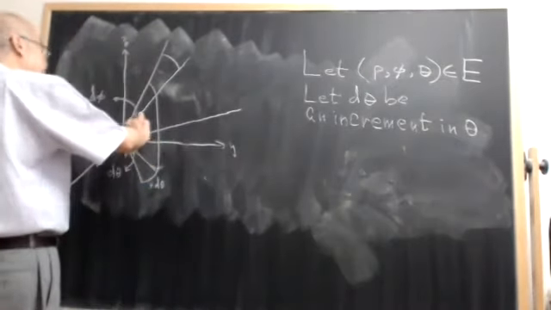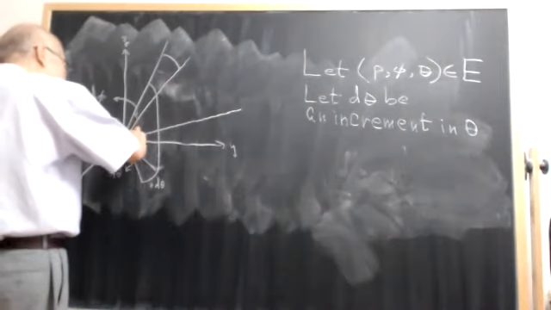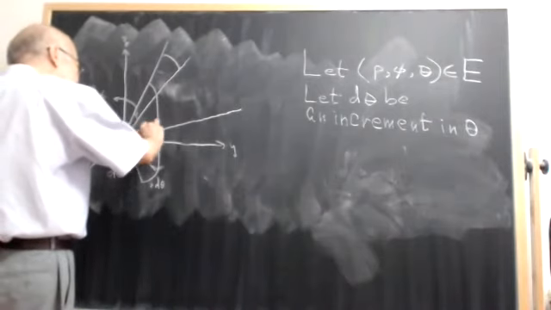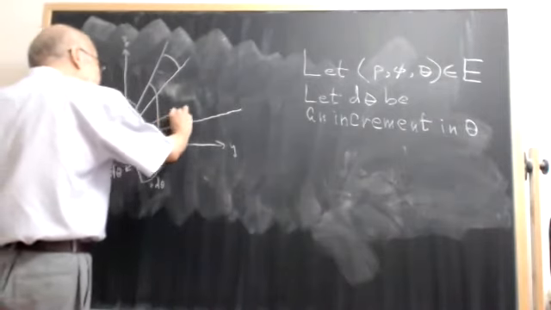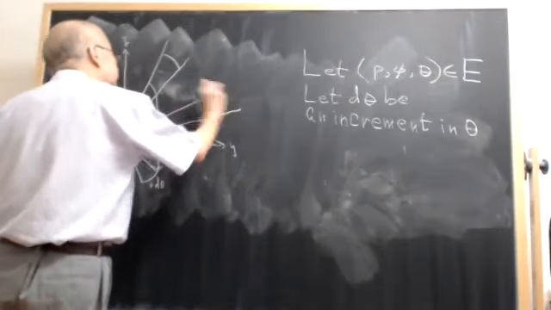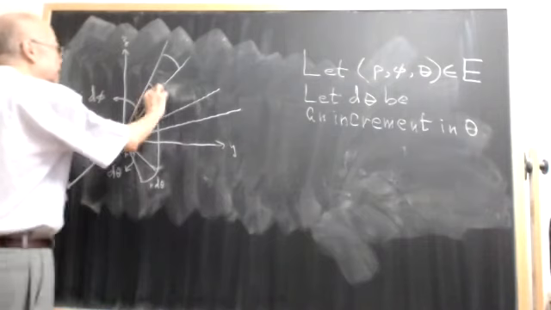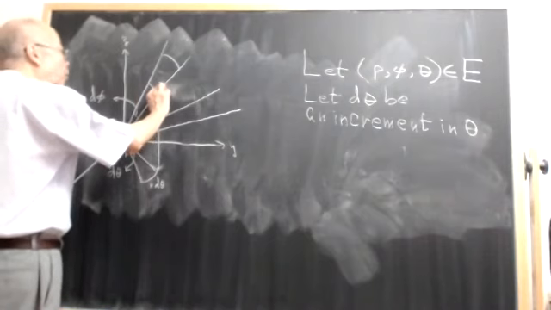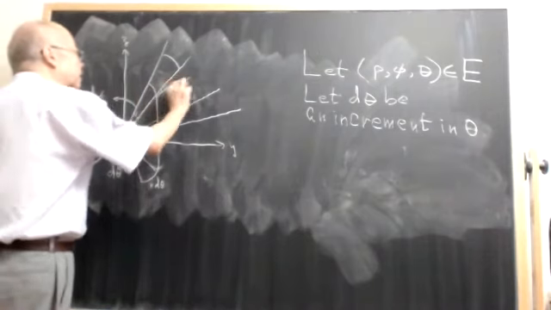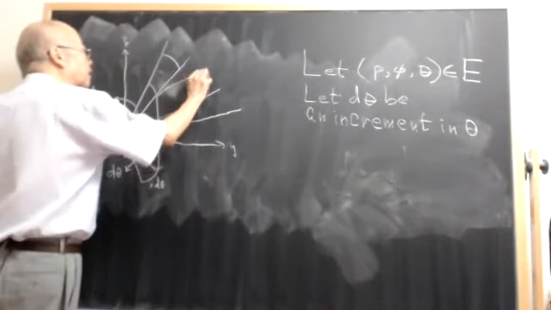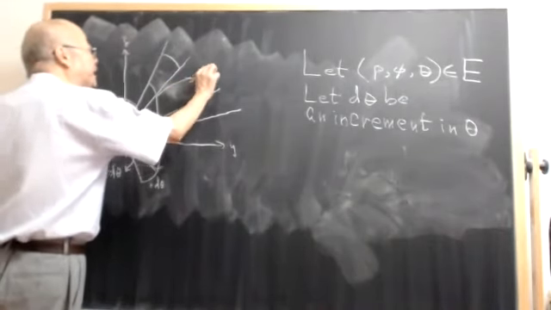And we look at two similar rays here. Then what are we going to get? This is the point rho, phi, theta.